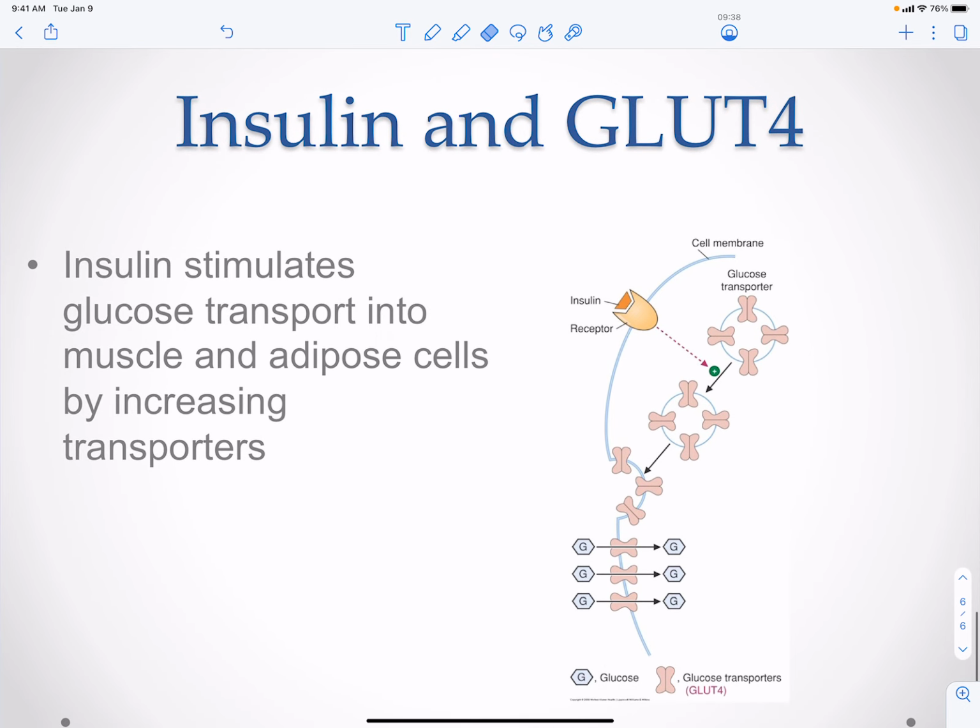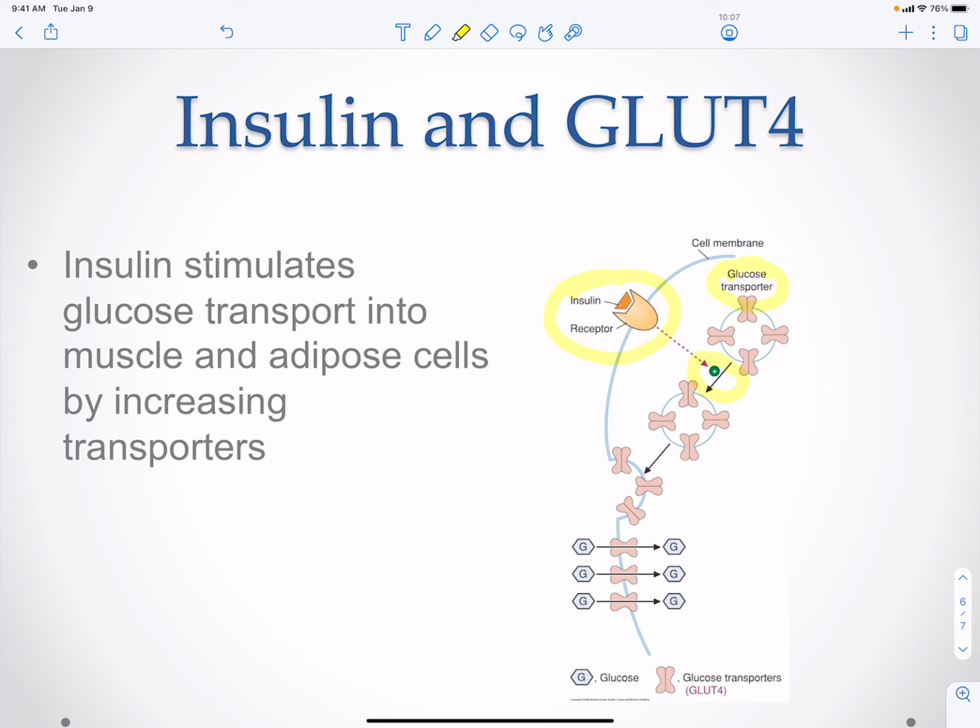And then finally, I want to talk briefly about insulin and GLUT4. We know that insulin is going to trigger the tyrosine kinase receptor, and this is going to stimulate the expression of your GLUT4. This is shown here. You have your tyrosine kinase receptor binding to insulin. This is going to trigger a cascade of responses, one of which is going to mobilize your glucose transporters.